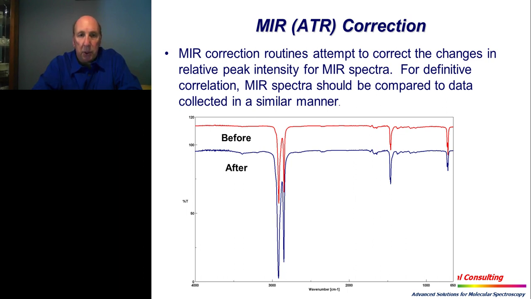So we've either got to collect the library or get the library in an ATR format if we're going to use an ATR sampling accessory, or we do the ATR correction after we collect the ATR spectrum and use the transmission library. But be aware that we may not get complete correction of the ATR or MIR spectrum when using that command in our software.